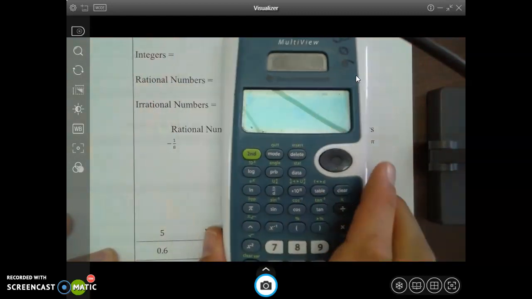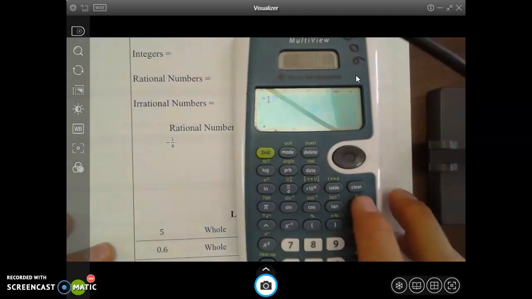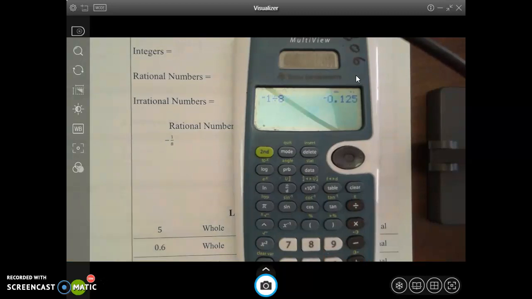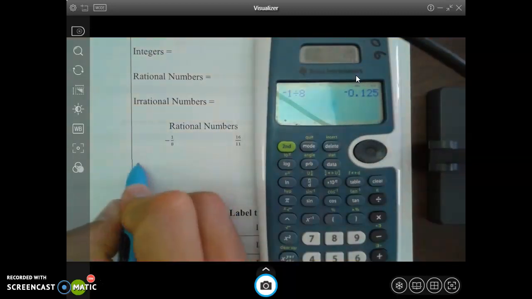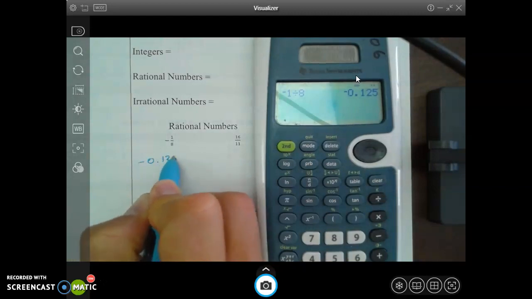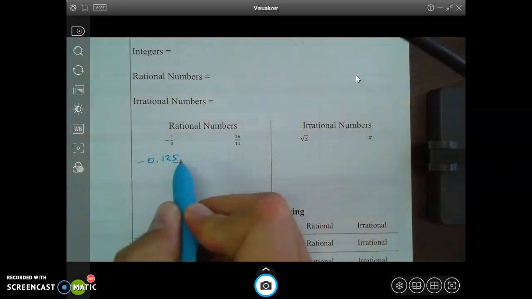One way to convert a fraction into a decimal is just to divide the top number by the bottom number, right? Divide the numerator by the denominator, okay? And so negative 1/8 converts to negative 0.125, okay?